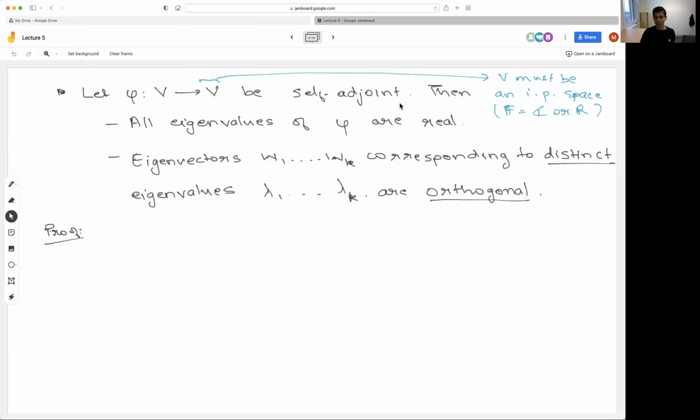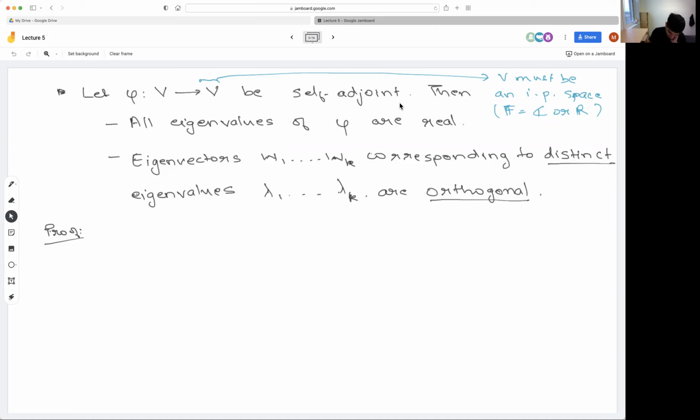When we talked about inner product spaces, we have an orthonormal basis. So it's stronger than just linear independence. For generic linear transformations, eigenvectors corresponding to distinct eigenvalues are linearly independent. Here, if you have inner product spaces and self-adjoint linear transformations, which are even more special, then the eigenvectors corresponding to distinct eigenvalues are not just independent, they're orthogonal. So we get these stronger properties than just independence. Okay.